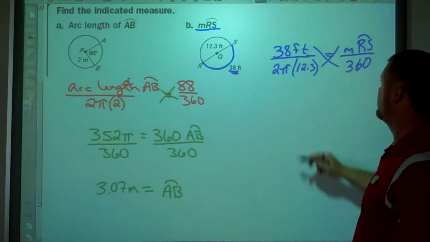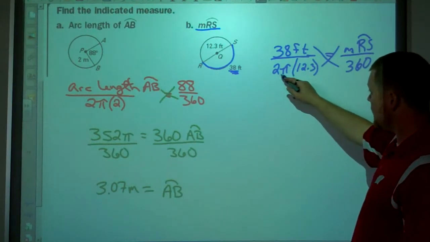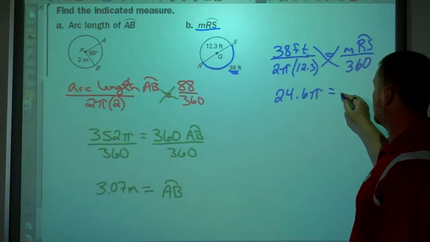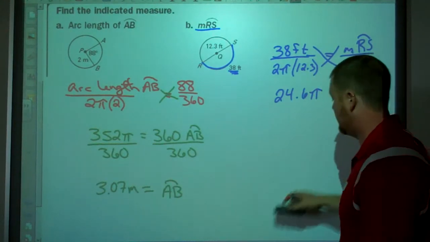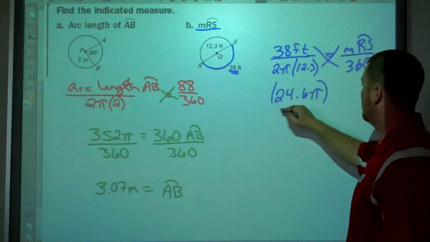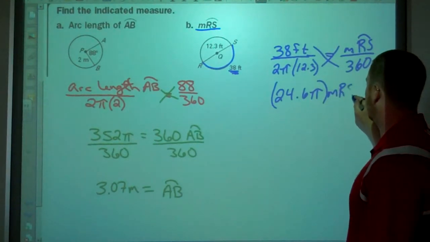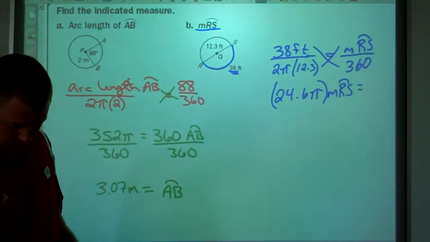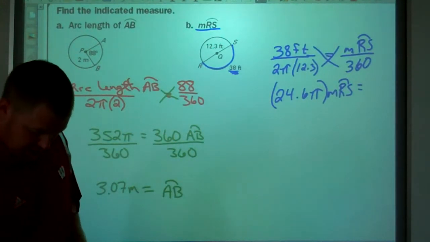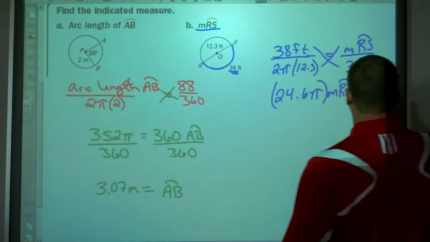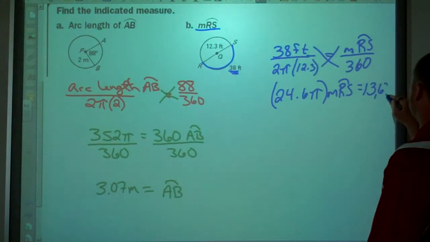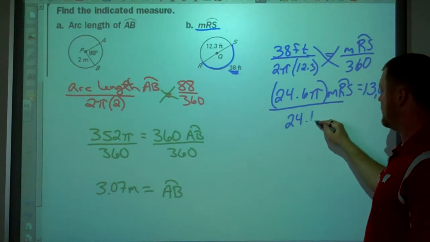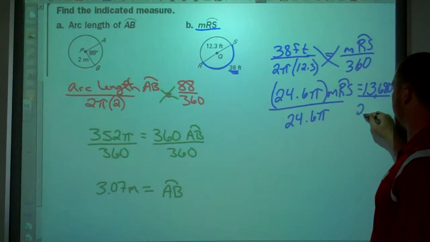Solve our proportion. Here we get 24.6 pi times the measure of the arc equals 360 times 38, 13,680. Divide by 24.6 pi.